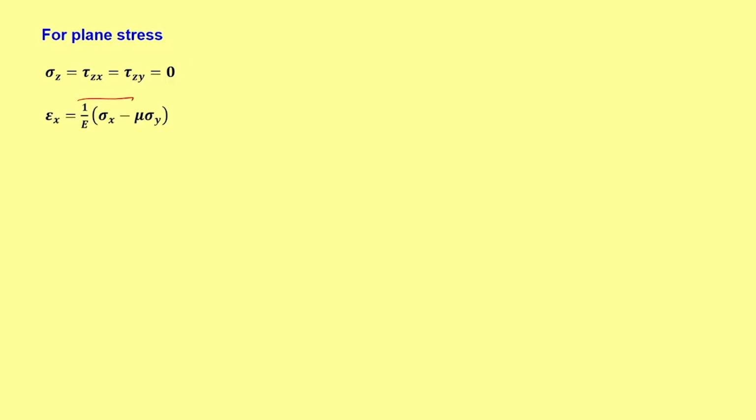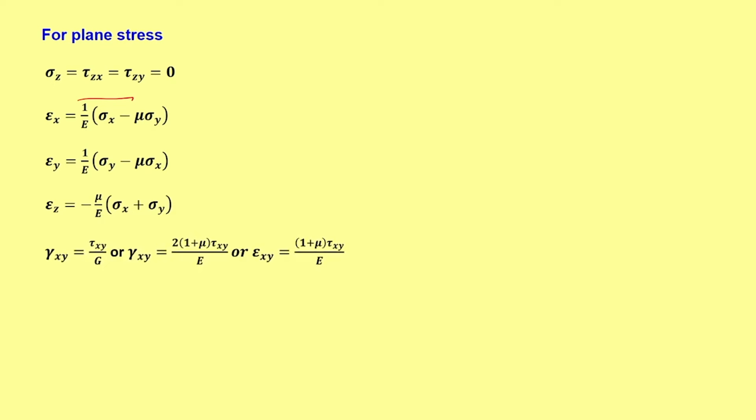So, you will have epsilon x is equal to 1 by E (sigma x minus mu sigma y), epsilon y, epsilon z, and gamma xy, which is equal to tau xy by G, or gamma xy is equal to 2 into (1 plus mu) tau xy by E, because you have replaced G using the expression E is equal to 2G into (1 plus mu).